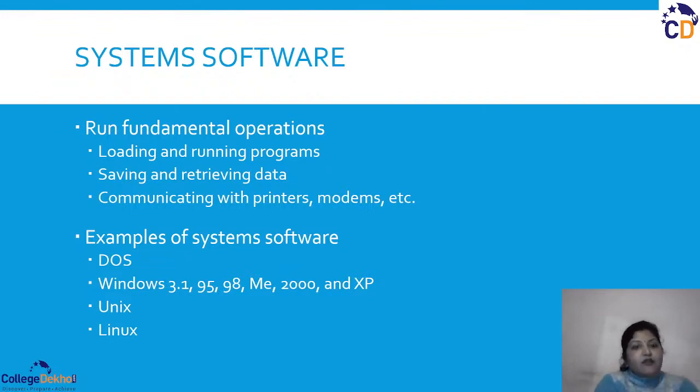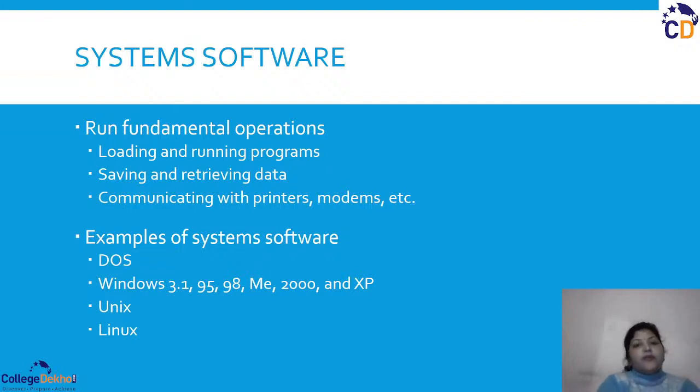For example, operating systems. All of us are using a computer system. We are using some operating system, that is system software. If I am going to use utility software like antivirus, that would fall in this category only, right?